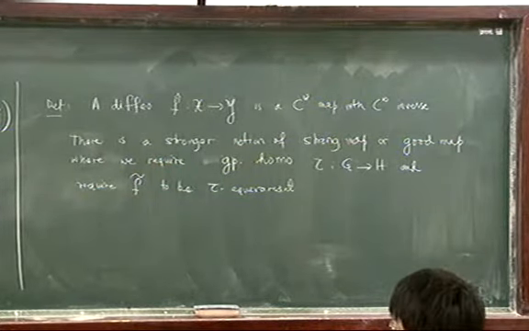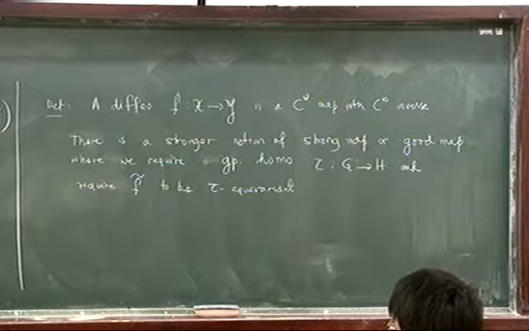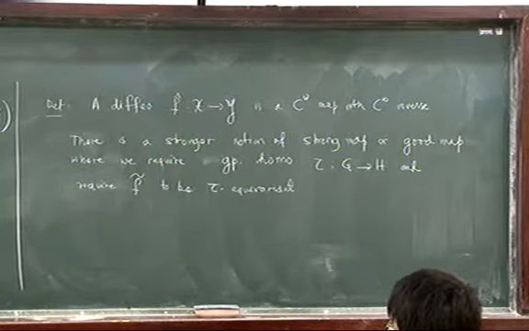If you want a strong map, there is no strong map. The only homomorphism we could have would be trivial. I'm not sure, but you can check.